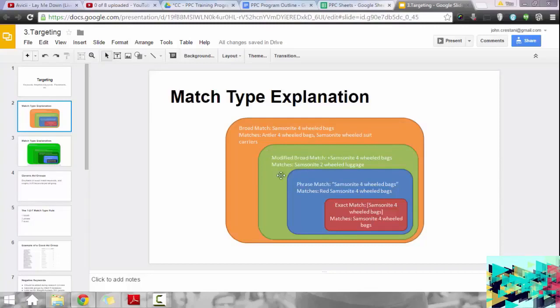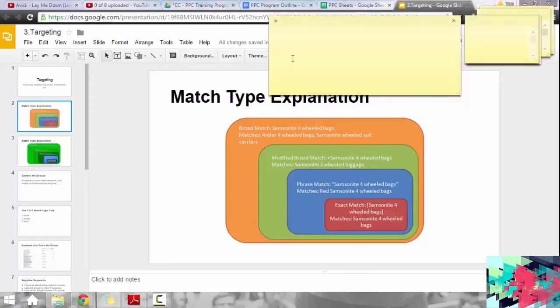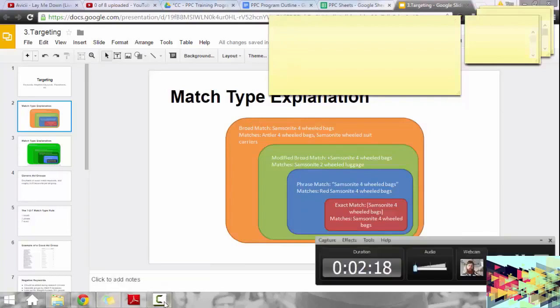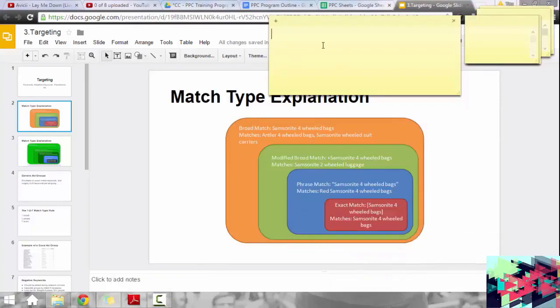So modified broad match, for instance, you have to put a plus in front of the word. So what will happen is if you say Samsonite 4-wheeled bags, this will always have to match with Samsonite, or at least some misspelling of Samsonite. For instance, if somebody misspelled Samsonite, you'd still want that to match because they're probably still looking for a Samsonite bag.